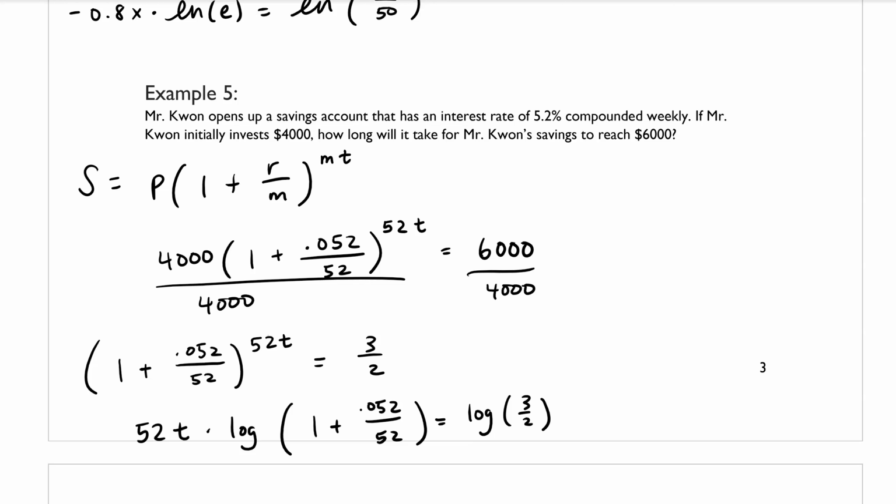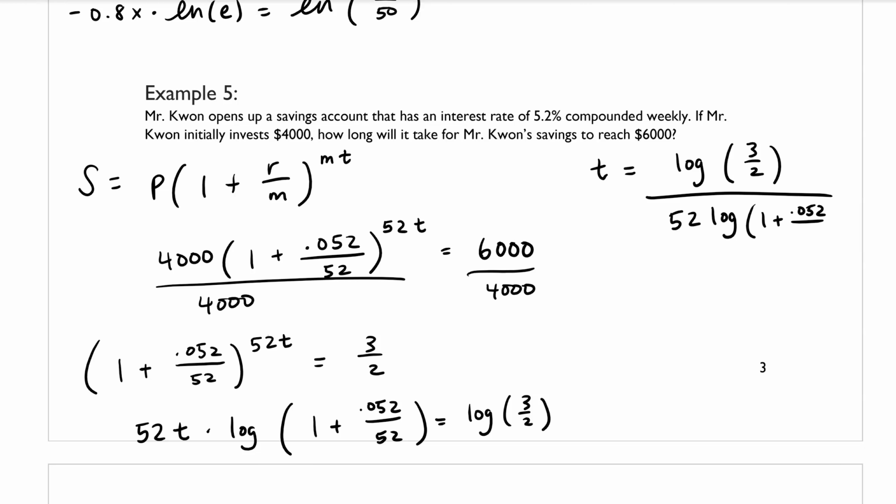Okay, now I'm trying to solve for t, and I have a bunch of multiplication here, so I'm going to divide both sides by 52 times the log of that gargantuan monster. So if I do that, then we'll get t is equal to log of 3/2 divided by 52 times log of 1 plus 0.052 divided by 52.